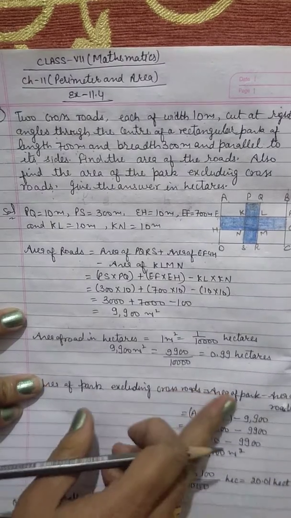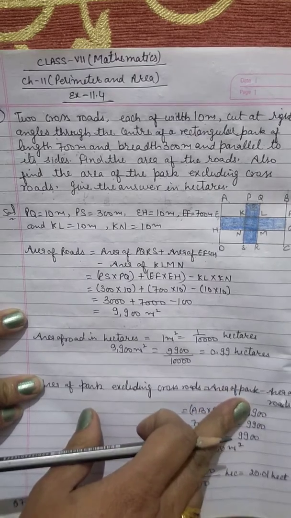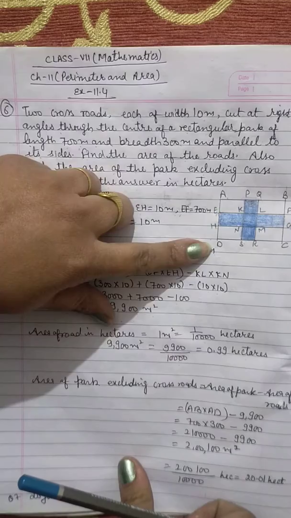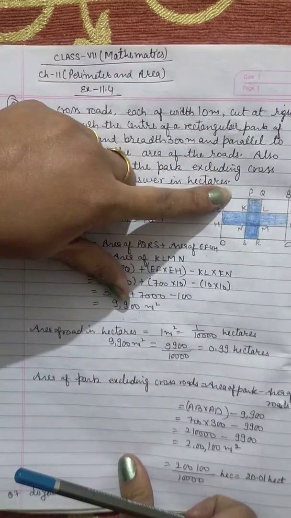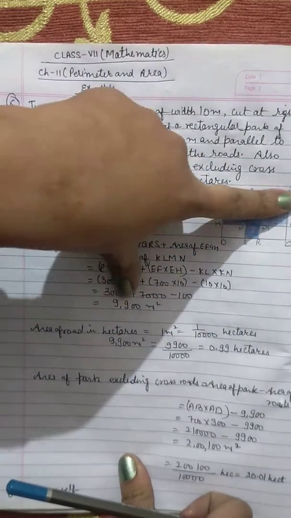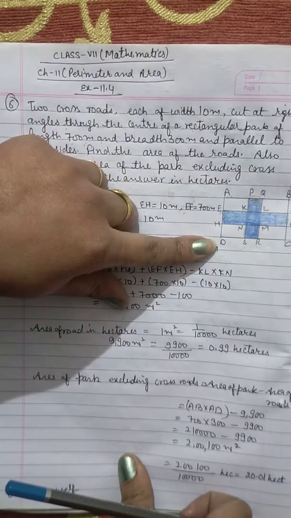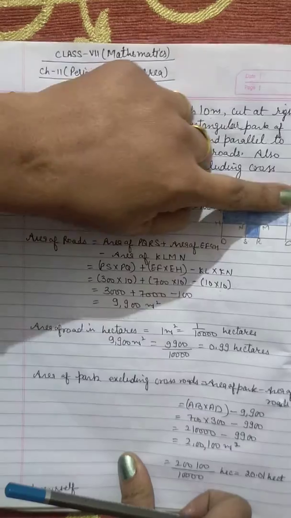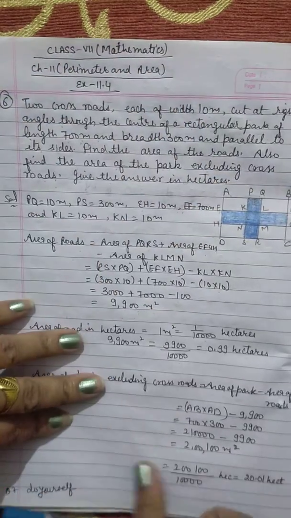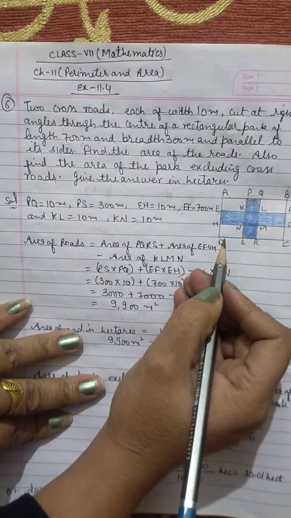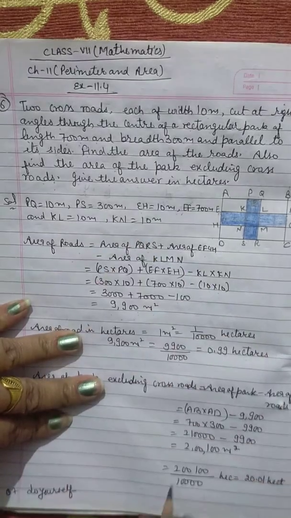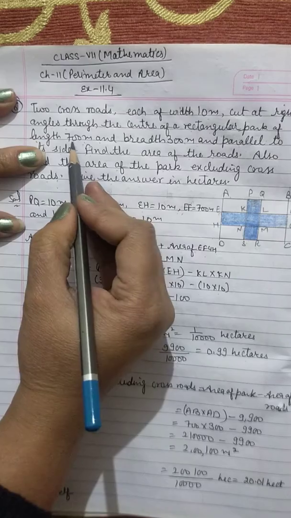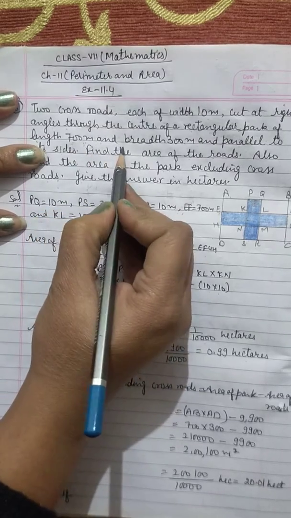After that, again we'll do the area of the park excluding the crossroads. So what we'll do here: area of the park which is including the roads minus area of the roads only. Area of the park including roads means we can use AB into AD. We can use AB as length and AD as breadth. So we will multiply 700, because AB is given as 700, and we can use AD as 300 because it is given here. Because the length of the rectangular park is 700 meter and breadth is 300 meter.